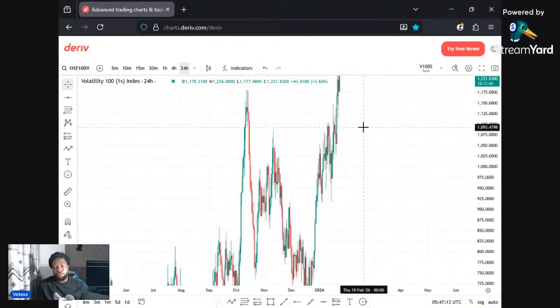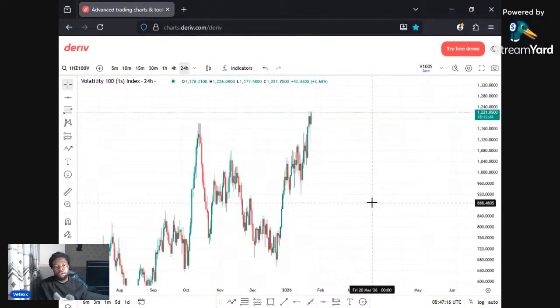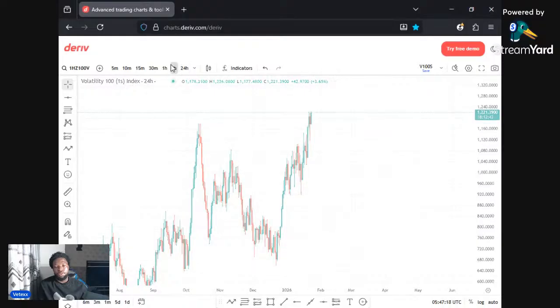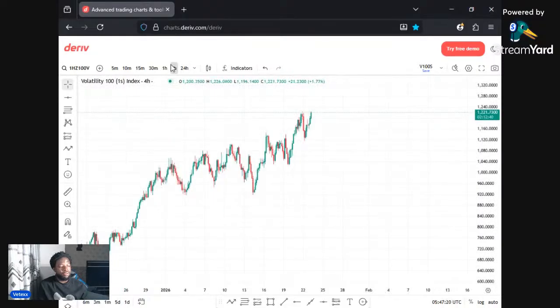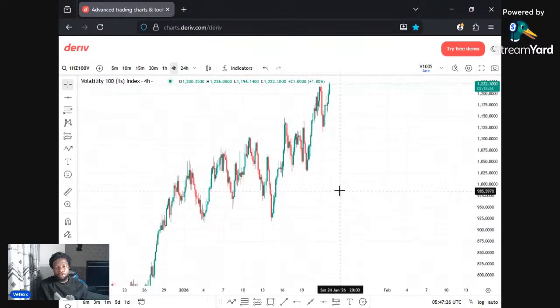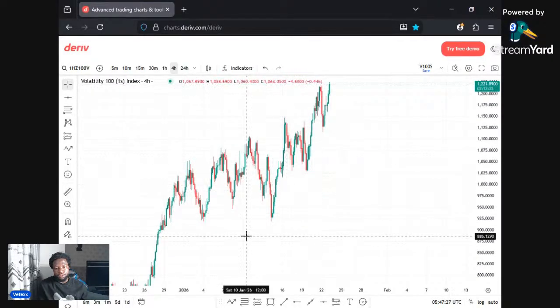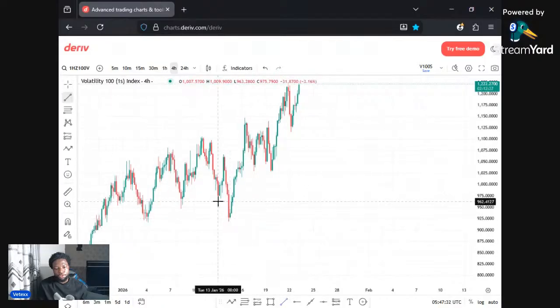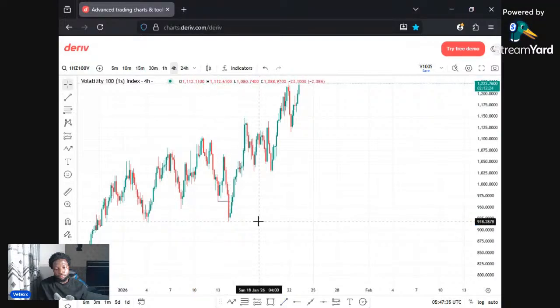So let's go to the 4-hour time frame to find a 4-hour continuation. In the 4-hour time frame continuation, we have this. This is what you're anticipating. We have a buy structure on the 4-hour. We have a sweep of liquidity.